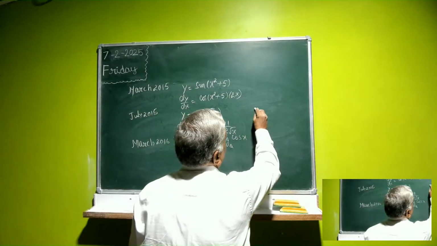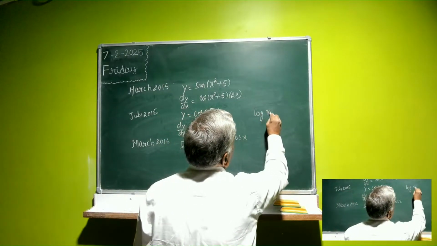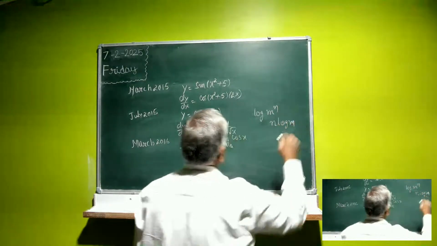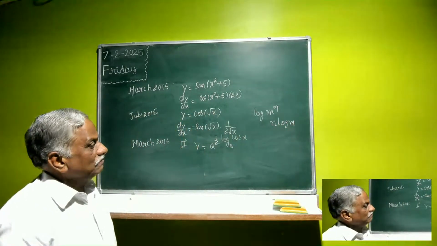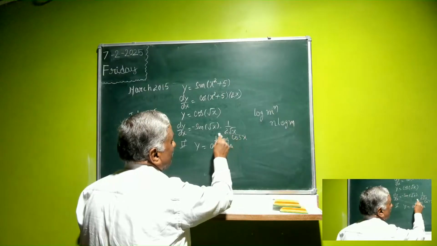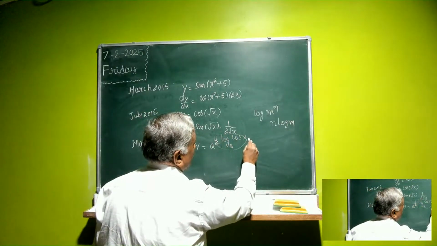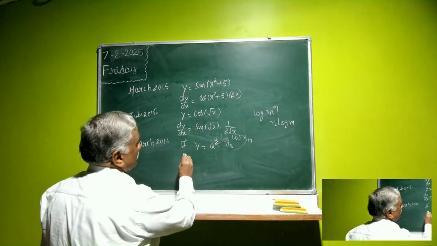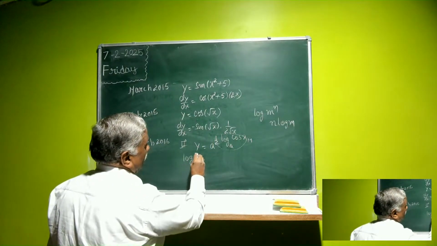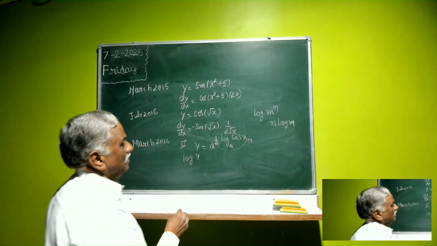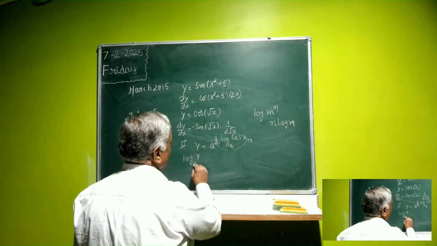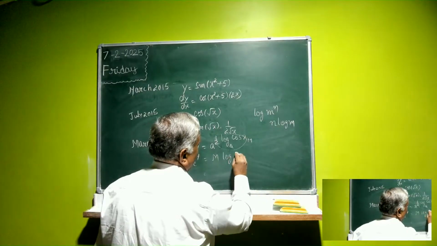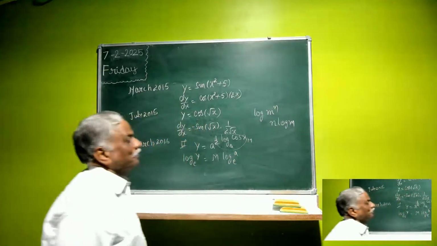You know, log of m power n is equal to n log m. So we will take the entire thing here as m for our understanding. So I take log on both sides. I get log y to base e is equal to m log a to base e.